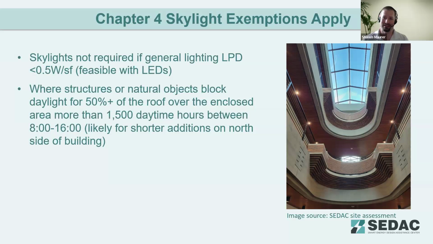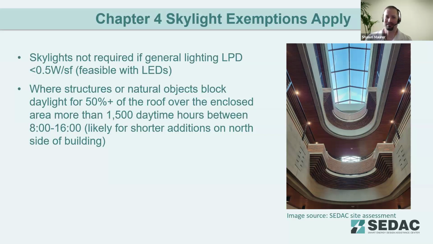There are also some exceptions in Chapter 4 for requiring skylights. And many times these are applicable to an existing building where, especially if it's a multi-level building, part of it's going to shade where a skylight might be required. So if structures or natural objects block daylighting for 50% of the roof over the enclosed area more than 1,500 daytime hours between 8 o'clock and 4 o'clock p.m., likely then skylights are not required.